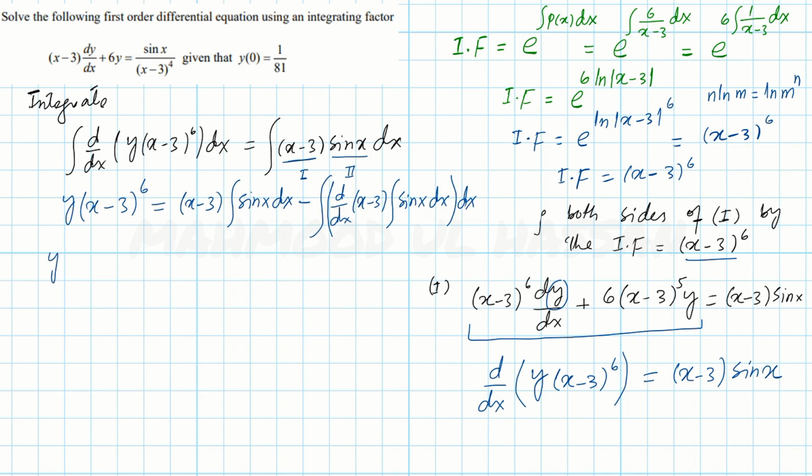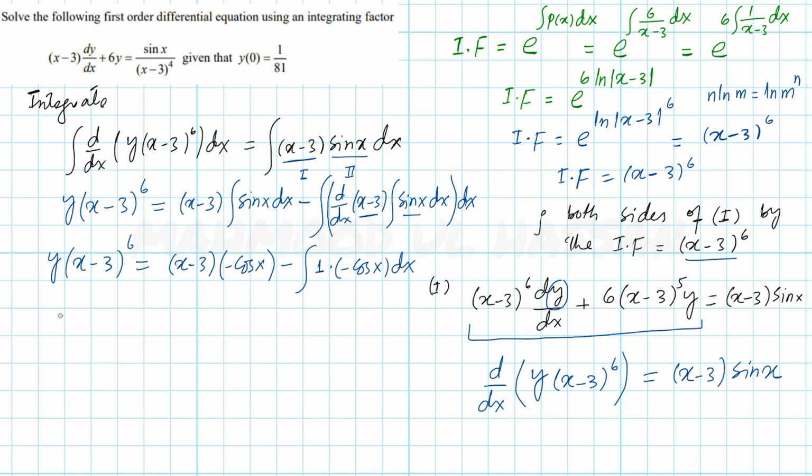Now here we have y into (x minus 3) to the power 6 is equal to (x minus 3), and you know that the integral of sine x is minus cos x. And minus the integral: the derivative of (x minus 3) is 1, and the integral of sine x is again minus cos x, into dx.